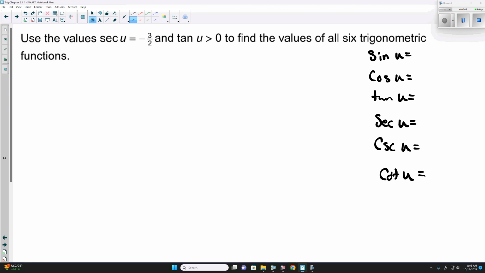But they told us secant is -3/2. They just told us that from the beginning. Well, we know one of the others already.